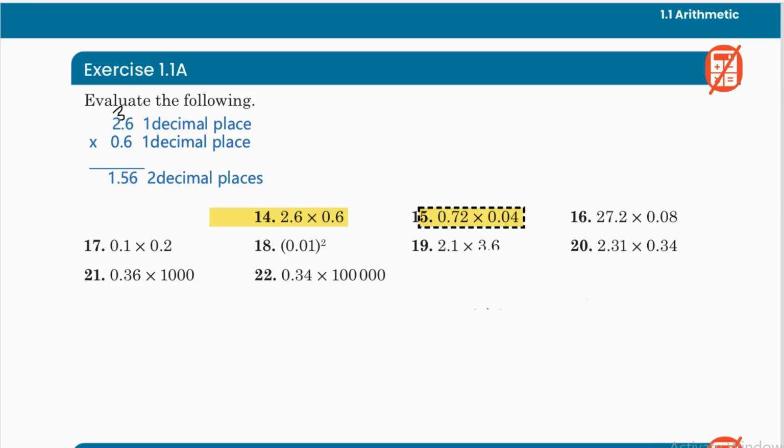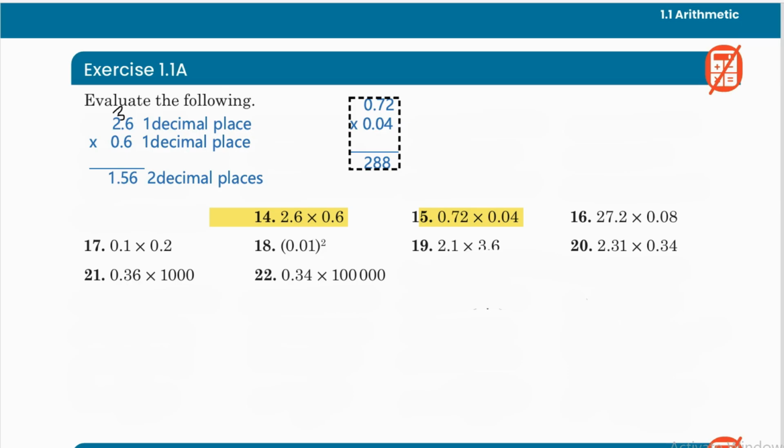Now, question number 15, 0.72 multiplied by 0.04. We wrote it vertically. 4 times 2 is 8, 4 times 7 is 28. 0 multiplied by any number is 0, so it's 288, as we have firstly ignored the decimal, and then we'll count the decimal places. How many are there?